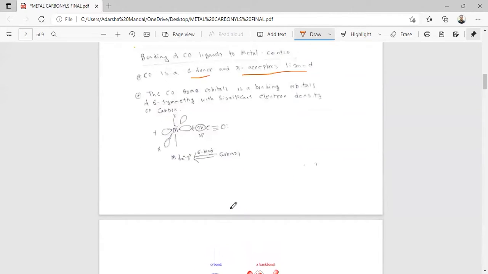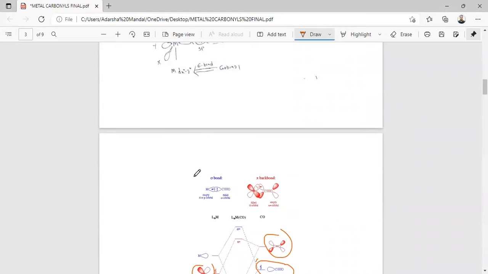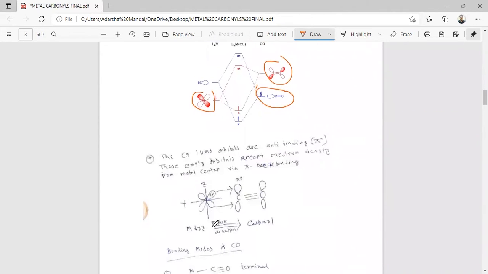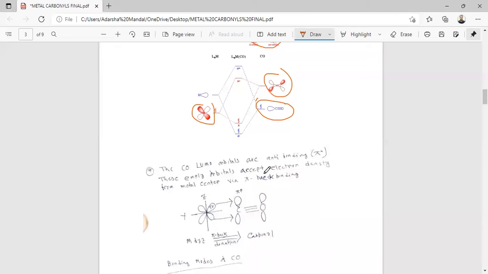This is the orbital electronic interaction in the bond formation. The sigma bond comes from electron donation to the empty d orbital, and the pi back bonding is formed from the filled metal d orbital to the empty pi star orbital. So CO can donate electrons to the metal center and accept electrons from the metal center.